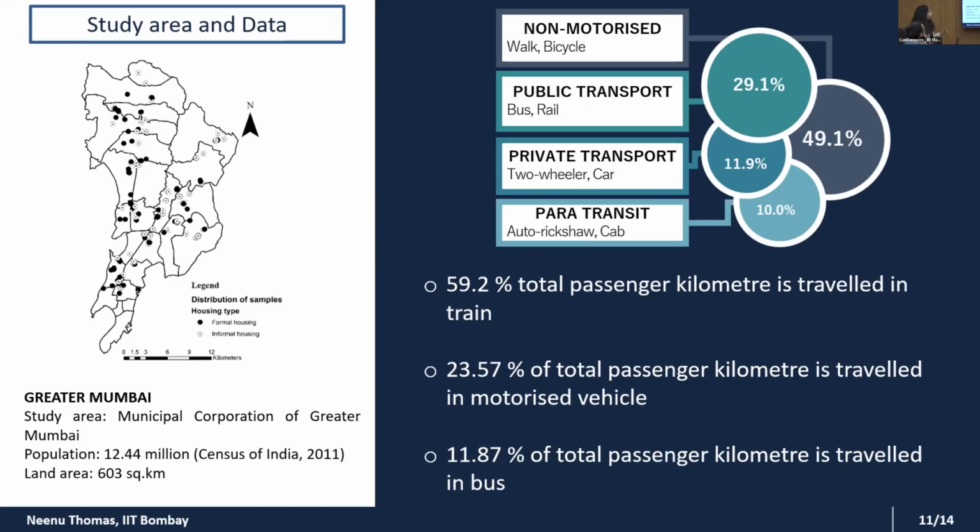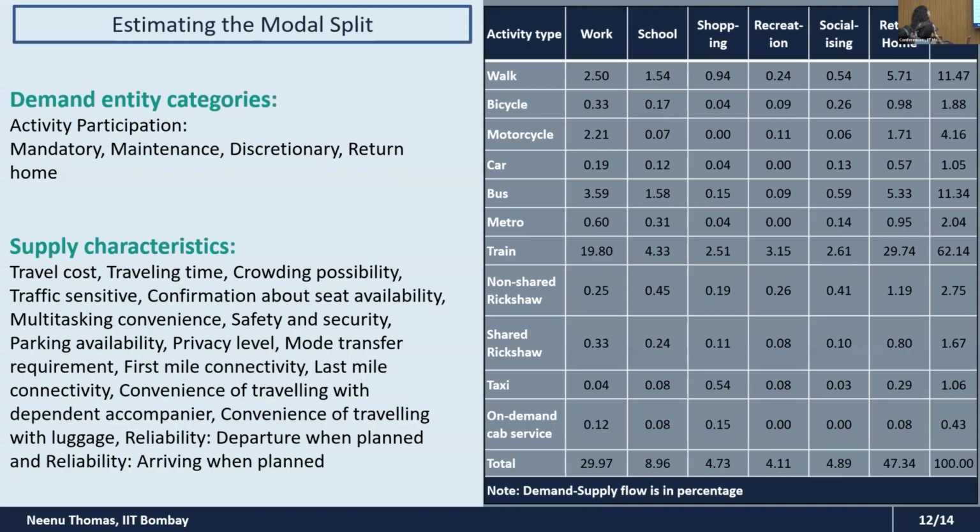I'm not going into detail on the numbers now. So our demand entity was activity participation. We can look into the types of activities in detail, like work and school separately, or maybe we can group them into whether they are mandatory, maintenance, or discretionary, or what kind of activities they are.